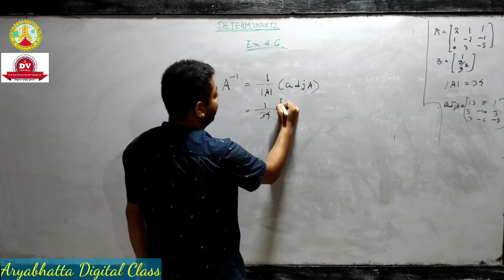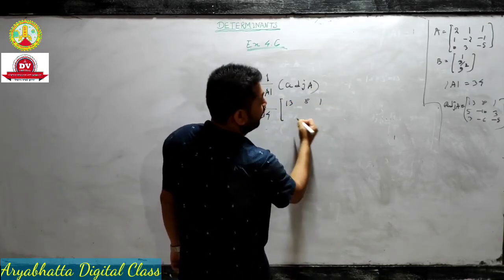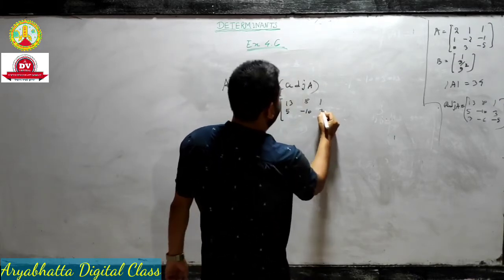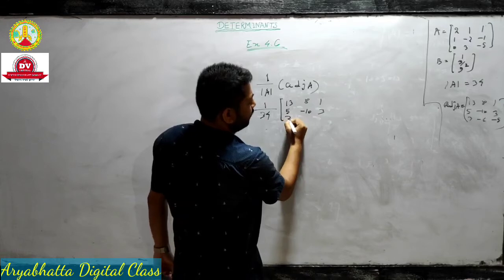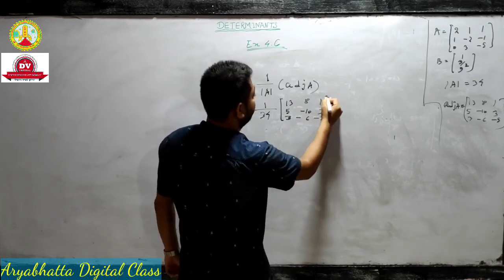Therefore, here 1 by 34 into adjoint of A equal to 13, 8, 1, 5, minus 10, 3, 3, minus 6, minus 5.